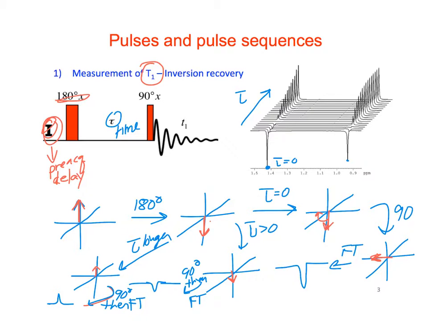This one is 0 on the left peak, and the other one is 0 right here.